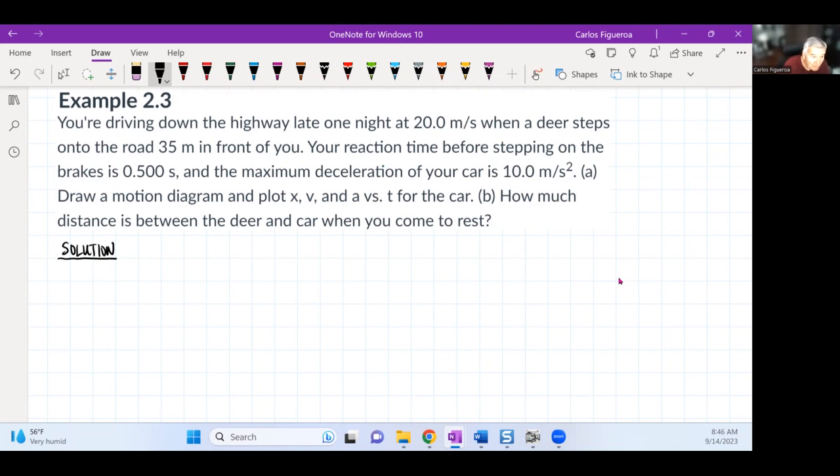So the first thing I want to do here in part A is visualize the overview picture of the motion.